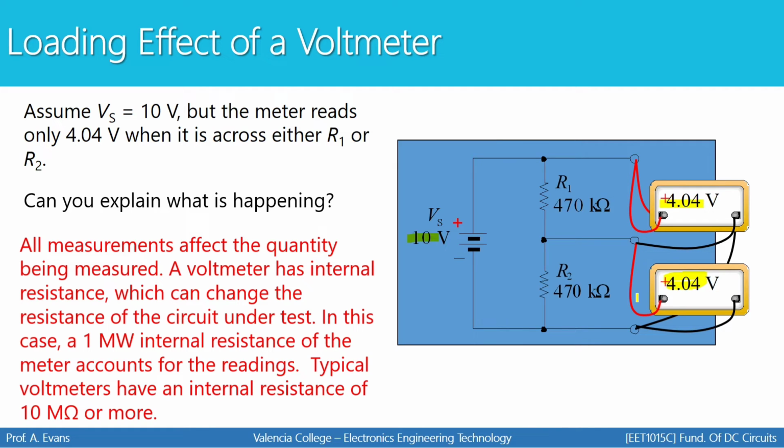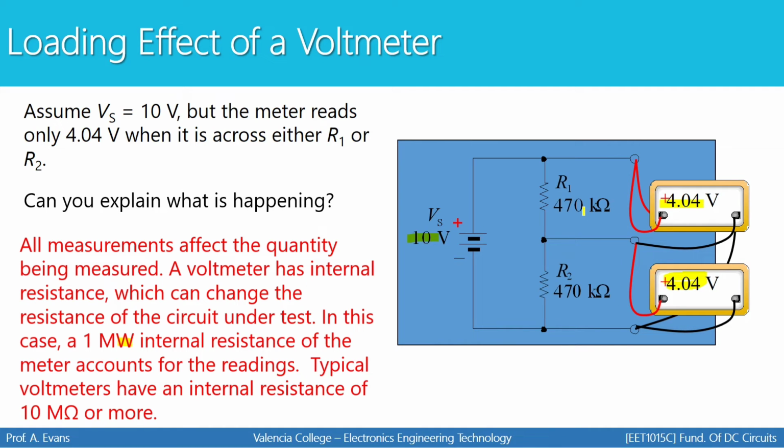So this voltmeter, if it had a better internal resistance, would measure closer to 5 volts. In this case, these voltmeters have a 1 milliohm, this is supposed to be ohms, internal resistance. And a typical voltmeter generally has 10 megaohms or more. So when your voltmeter has a lower internal resistance, it can affect your measurements.